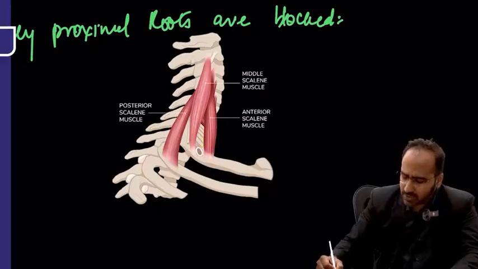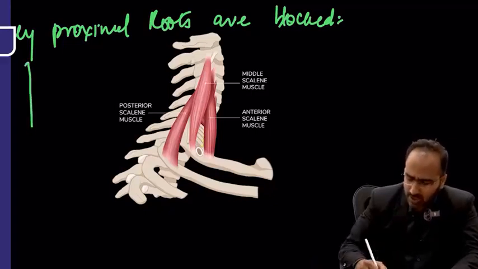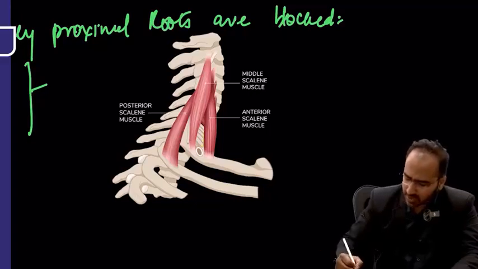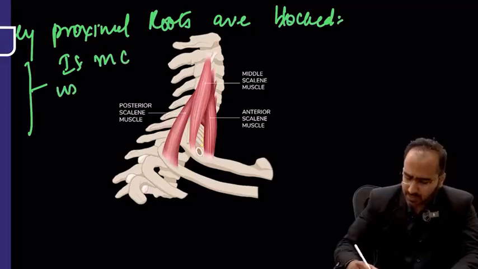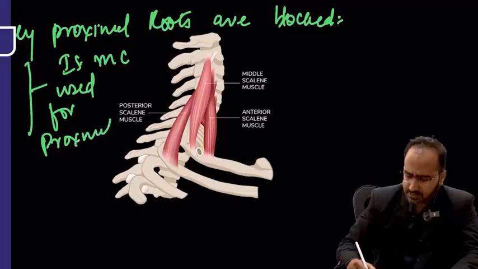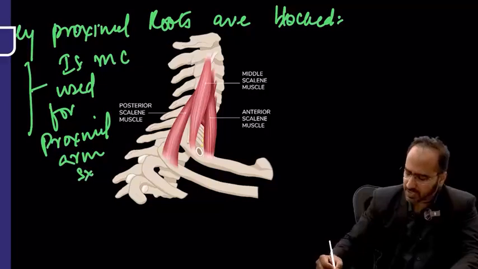As only proximal roots are blocked, the interscalene approach is commonly used for proximal arm surgeries.